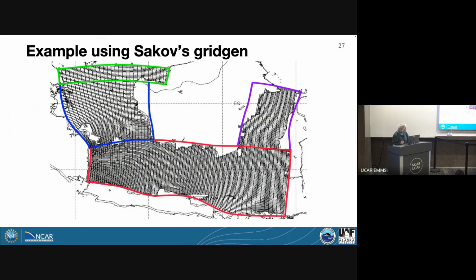And this is a crazy domain, and I don't think it makes sense oceanographically, but it's around Indonesia with Java to the south. But the point is that MOM6 would be perfectly happy running on this domain. And the green open boundary can be a completely different segment from the purple open boundary over there at the top, at the northern.